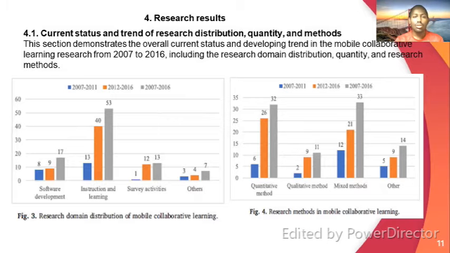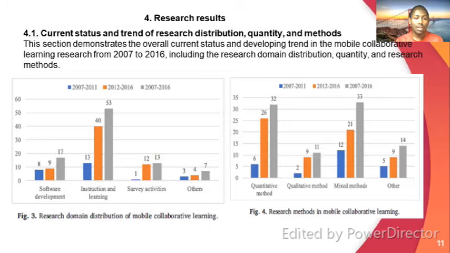This is the research result. 4.1. Current status and trends of research distribution, quantity, and method. This section demonstrates the overall current status and developing trend in mobile collaborative learning research from 2007 to 2016, including the research domain distribution, quantity, and research method. Figure 3 indicates the research domain distribution of mobile collaborative learning.